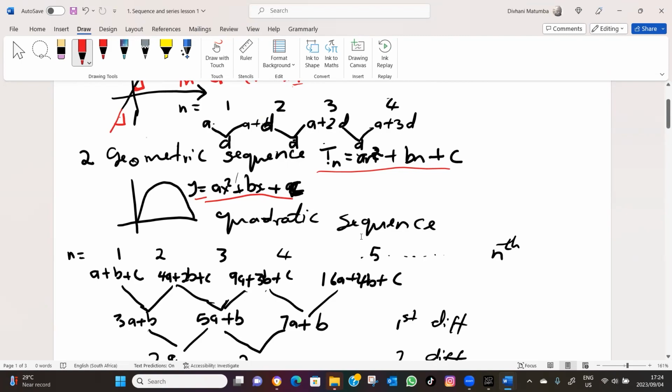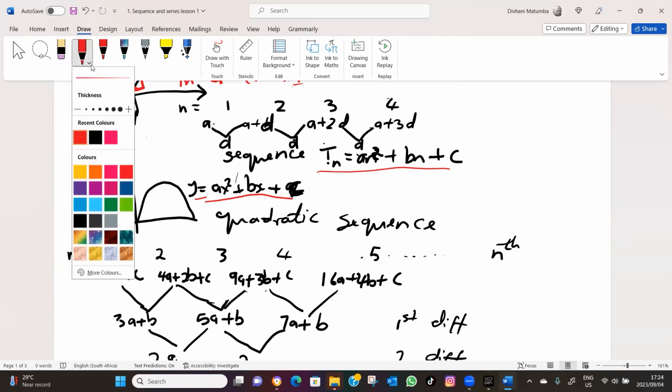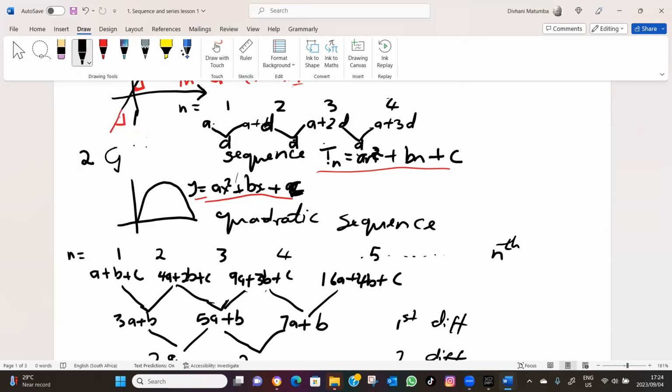Sorry, I made a very big mistake. This is not the geometric. This is quadratic.